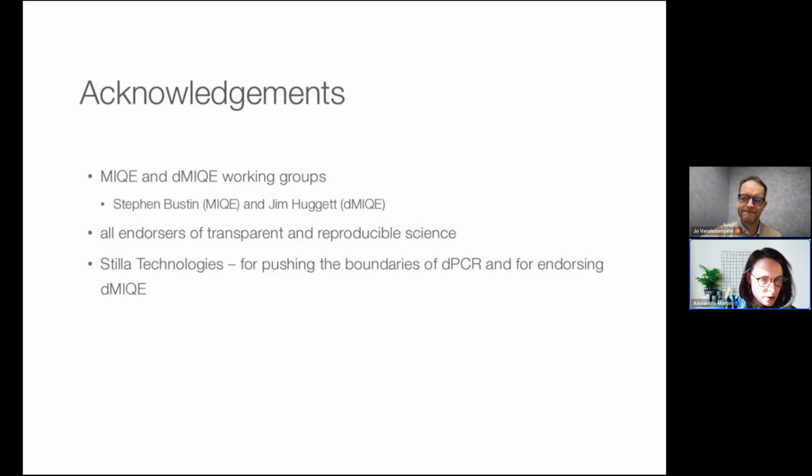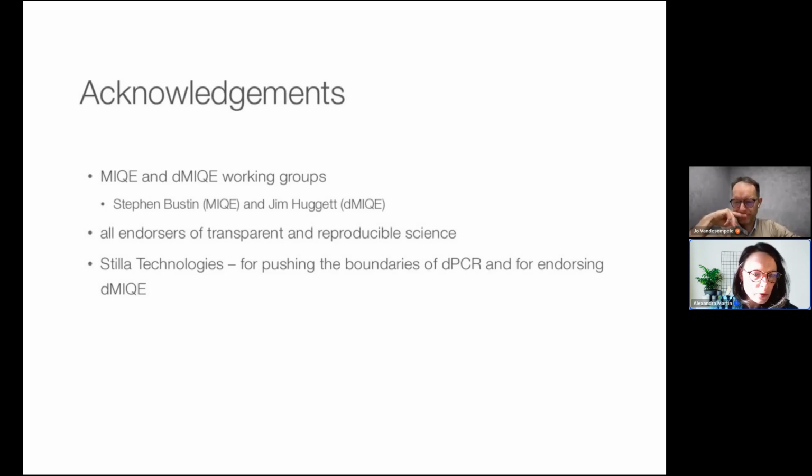There is another one that is maybe more for Stila. For higher order multiplexing, is there a universal probe available for the 7th color of the Stila instrument? So I can comment on this one.